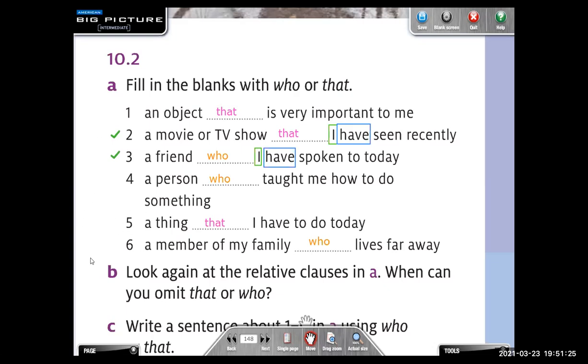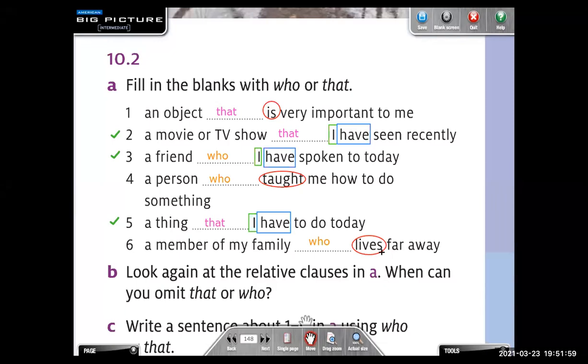Can we omit that? Yes, because it's followed by a subject and a verb. What about sentence number 6? Can we omit who? No, teacher. No, right? Because these are verbs that follow the relative pronoun, right?